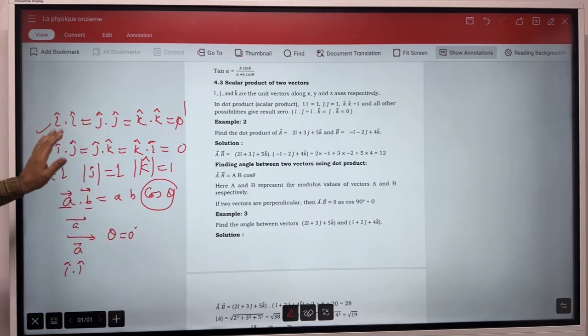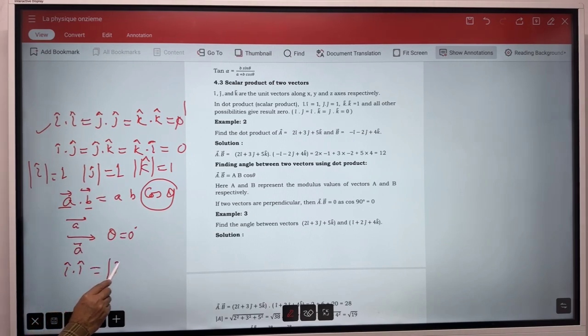So now suppose we want to find out I cap dot I cap. We are going to verify why we get 1 or 0. So I dot I will be equal to modulus I times cos, since same vector we have used, so theta will be 0 degree. Now I cap is 1, so 1 into 1 into 1.